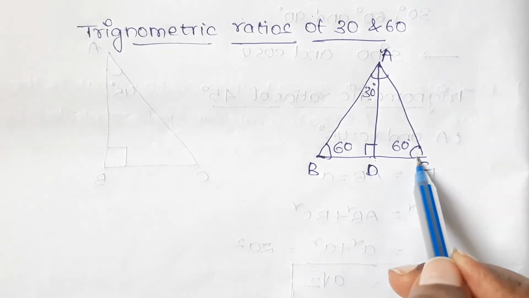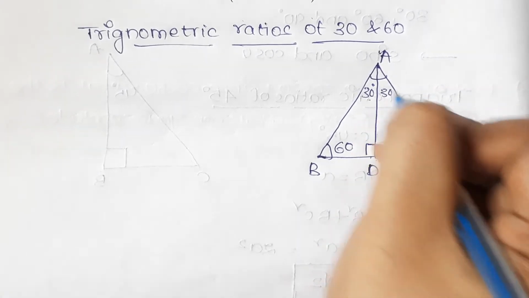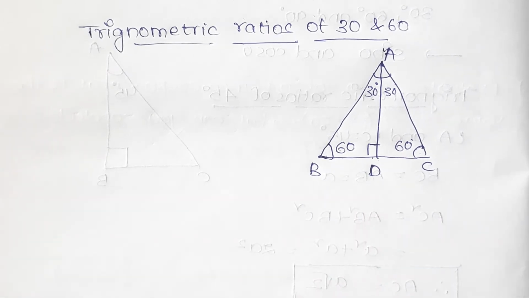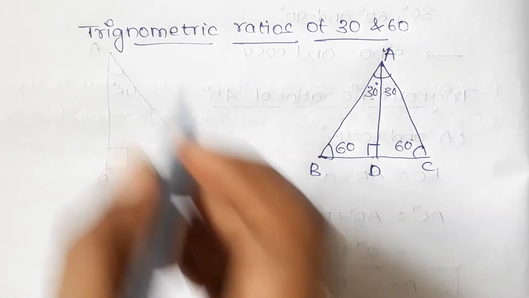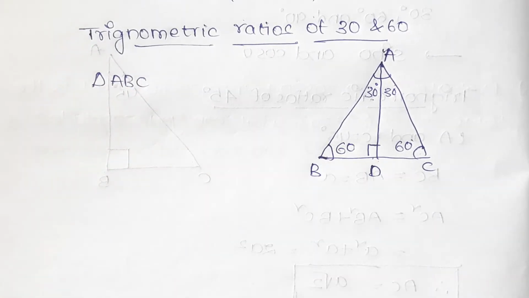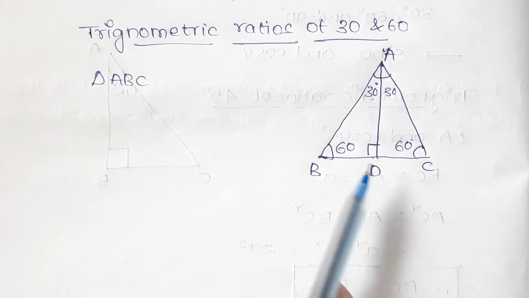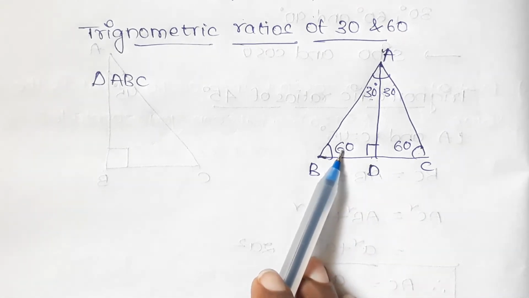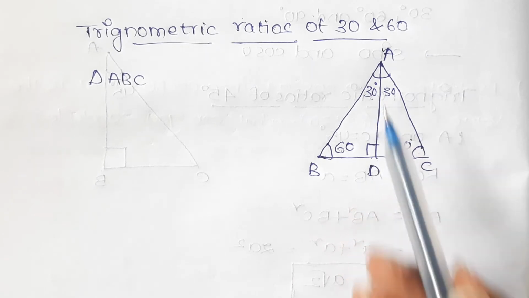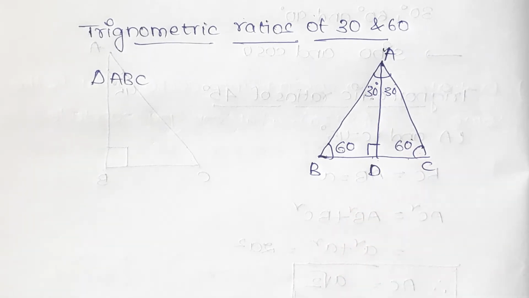Here is 60 and here is 30 and again here 90. And now consider an equilateral triangle ABC. Since each angle is 60 degrees, it is 60, 60 and 60, and it is an equilateral triangle.